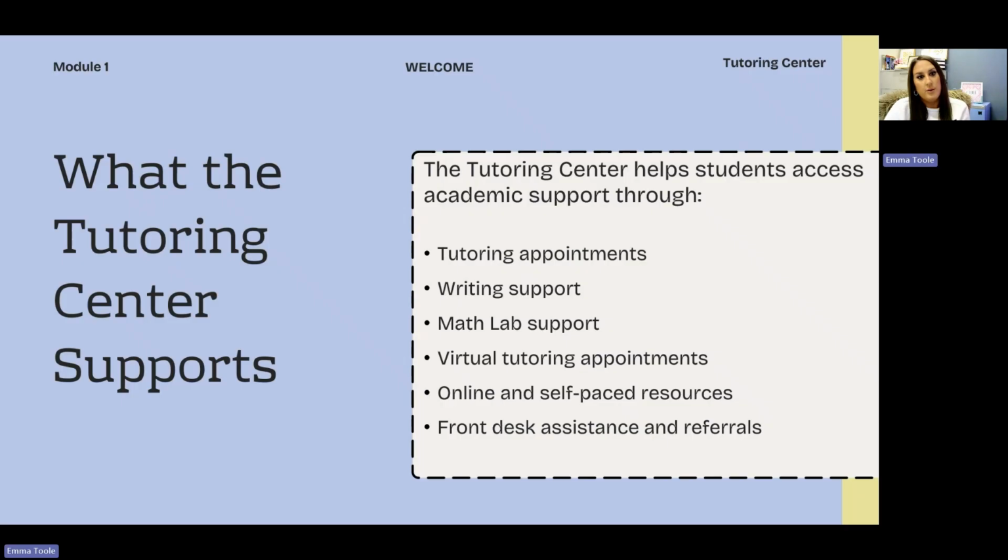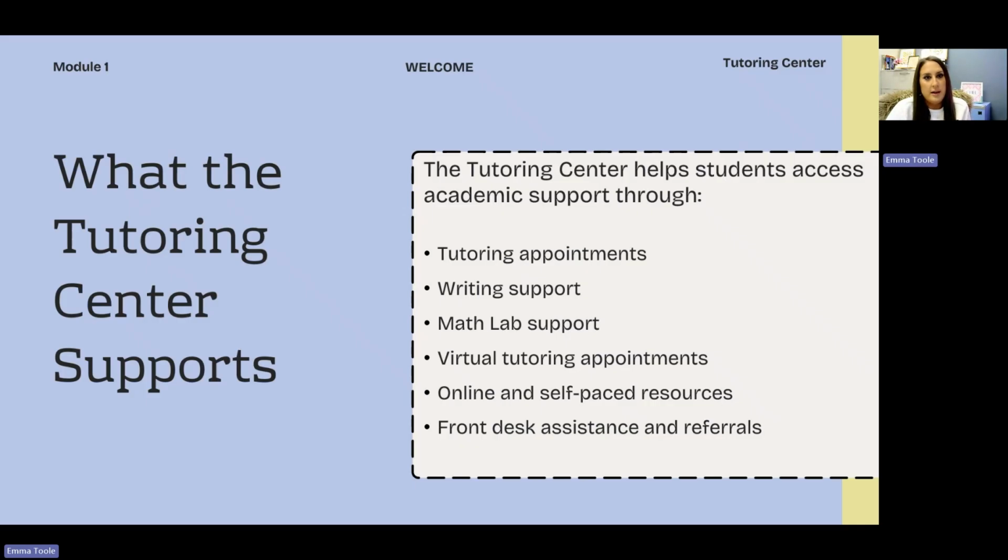So we're starting with what the tutoring center supports and what we do in the big picture. Students may come to the tutoring center for many different reasons. Some students know exactly what course they need help with, and others might just know that they're struggling and they need some support. Part of the front desk and operations role is helping students get connected to the right services or resources.